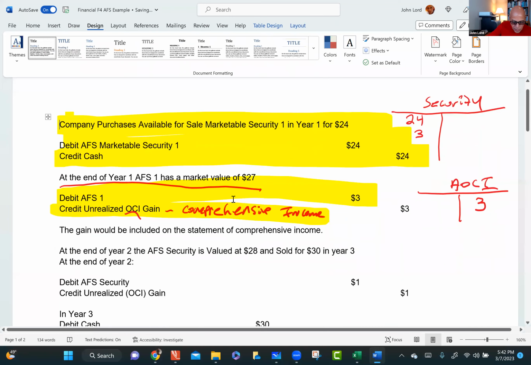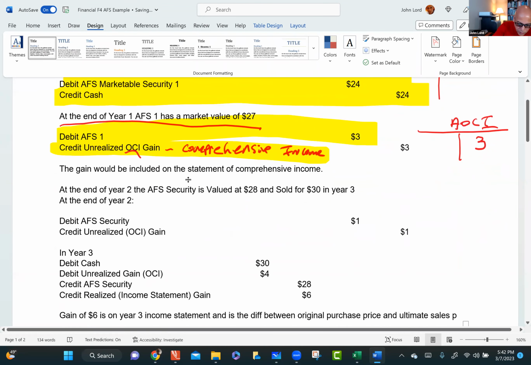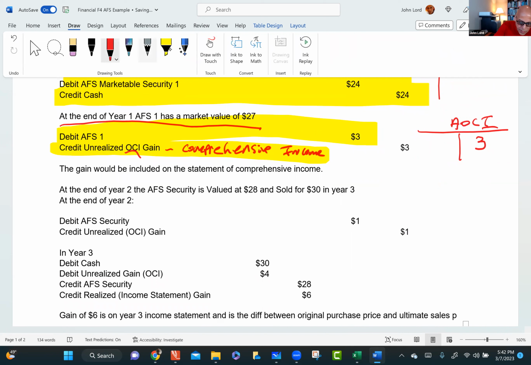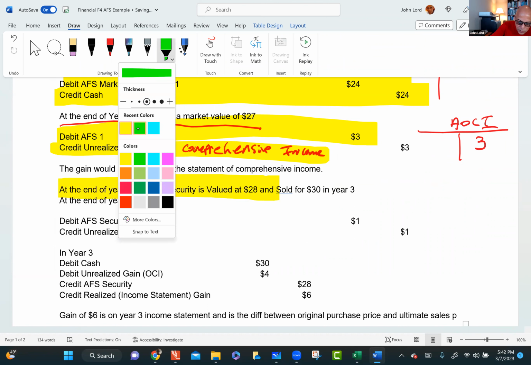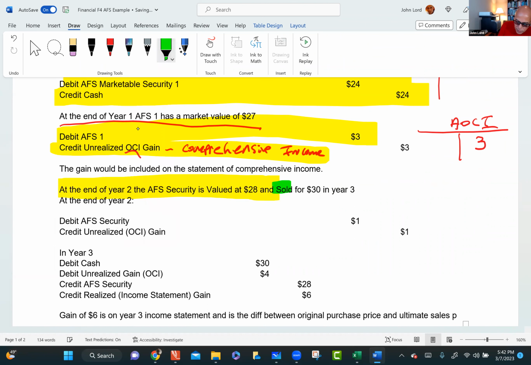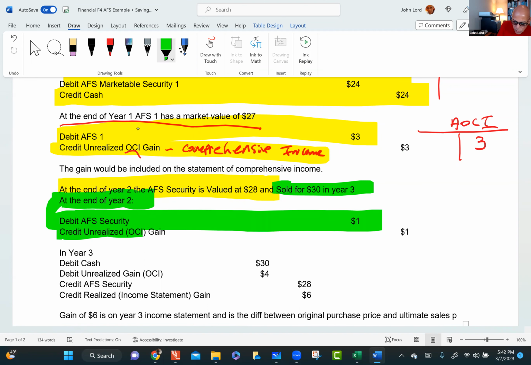Now, in year 2, I would look at the value of that security again. And now in year 2, I'm saying, well, now it's worth 28. Okay, so it's gone up another $1. And then I say that in year 3, it is sold for $30. Okay, so what do I do at the end of year 2? That's that journal entry there. Debit the security, credit other comprehensive income for 1.